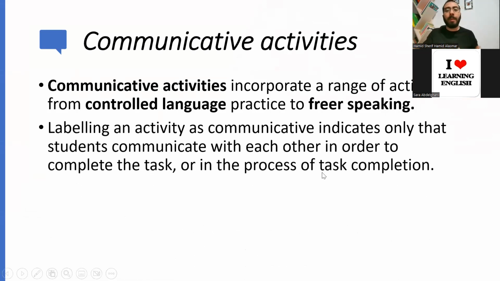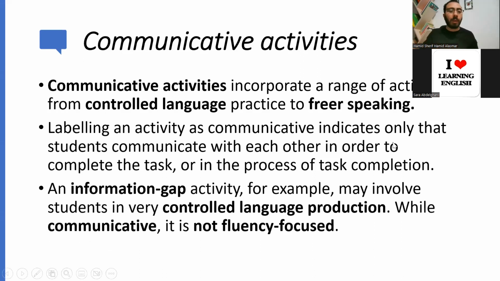Labeling an activity as communicative means that the students are communicating to complete a task, to do a process or something, so you don't have to link both of them together. For example, an information gap activity can make students practice the language in a very controlled way, very controlled production, not fluency based, but still communicative. We will have a look at some examples right now.